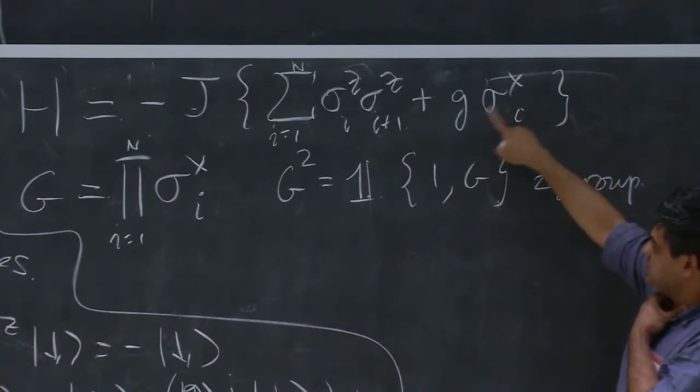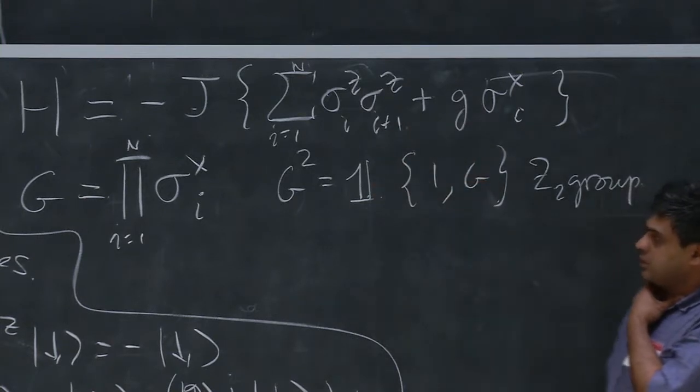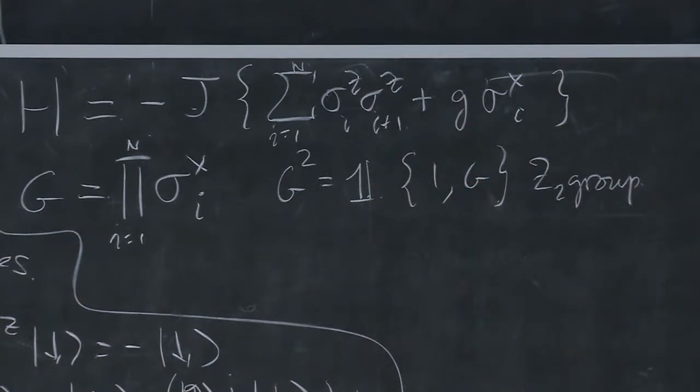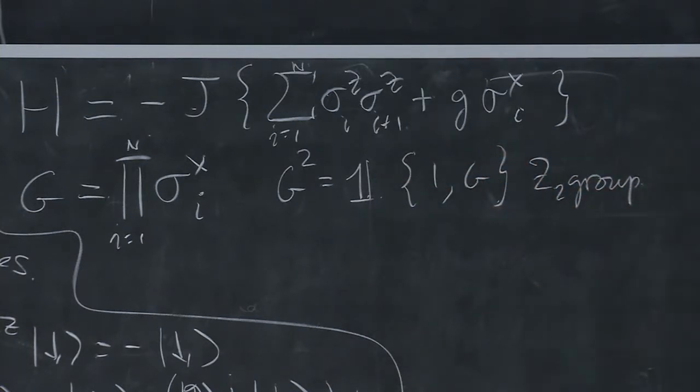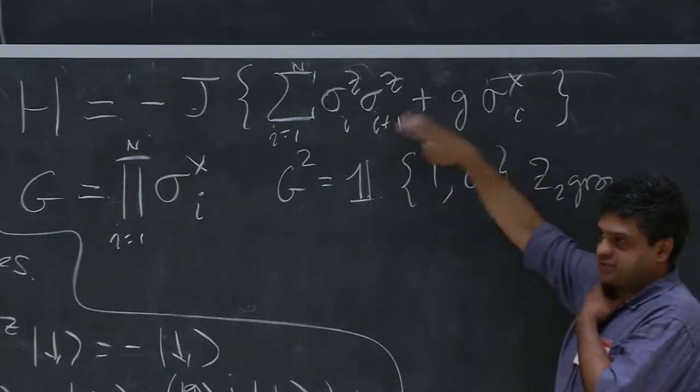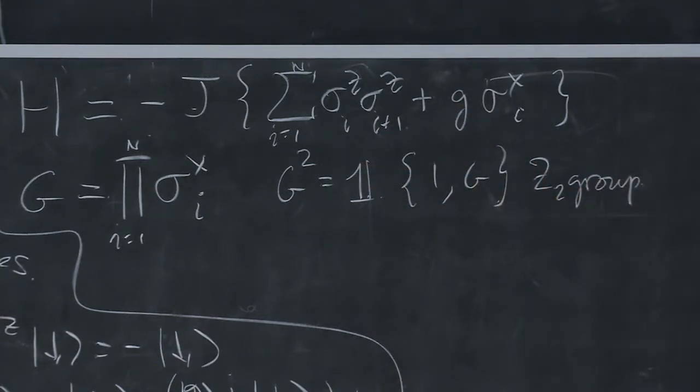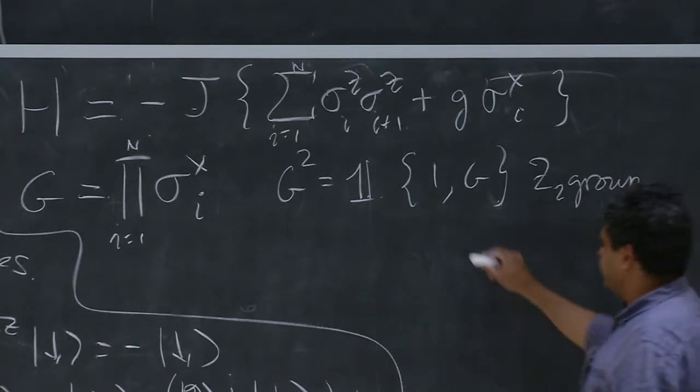There's sigma x, sigma z, they do not commute, which tells you that you cannot satisfy them both at the same time. If I try to satisfy this, I end up paying a penalty over here and vice versa. So that gives you something interesting that's going to happen in this model, and we can try to sketch a phase diagram.